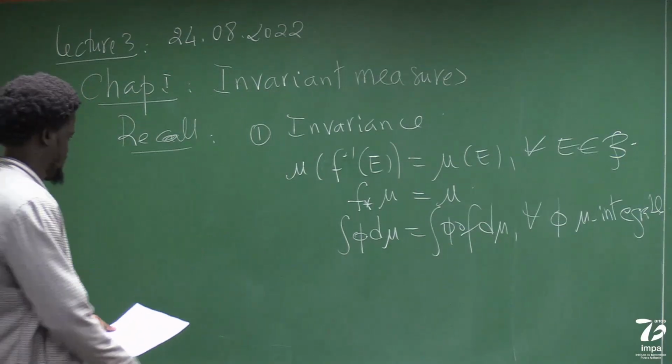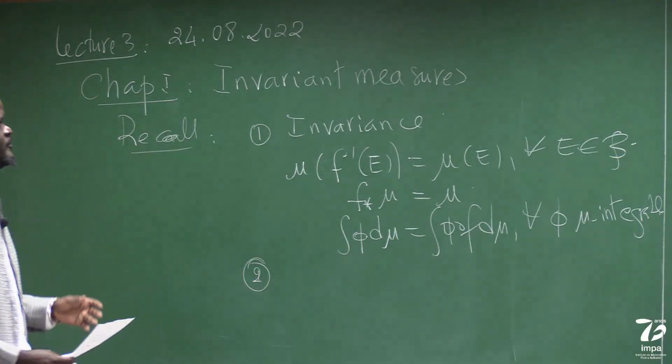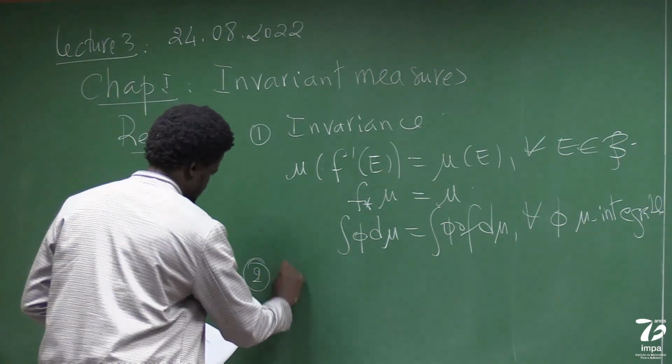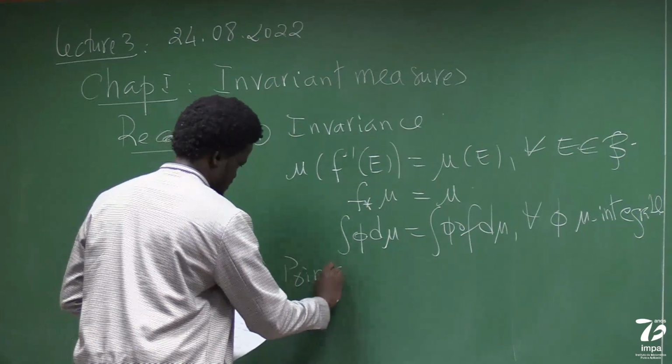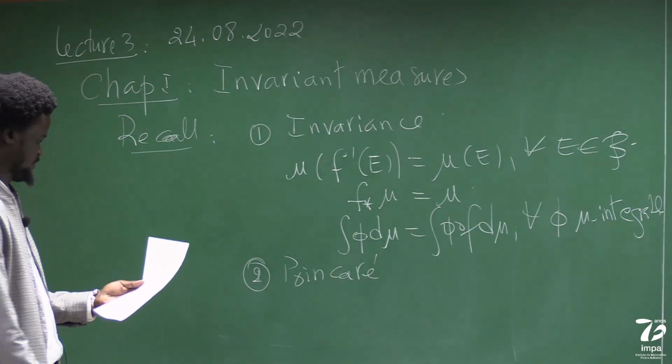And remember, we have seen also Poincare recurrence, which is something you derive from invariance. So from invariance, we see that the points tend to return infinitely many times to the set where they started, if the set has positive measure.